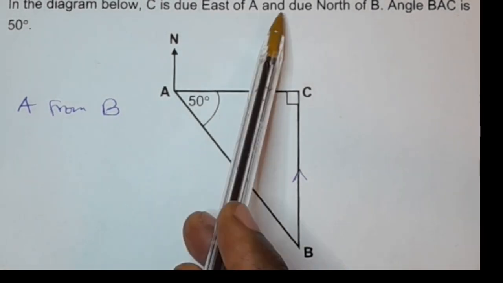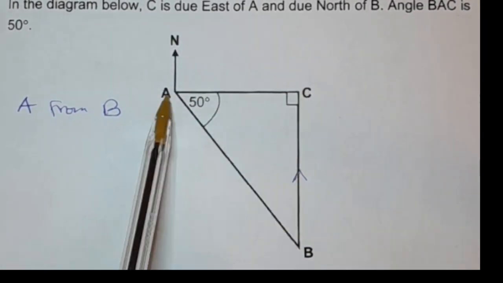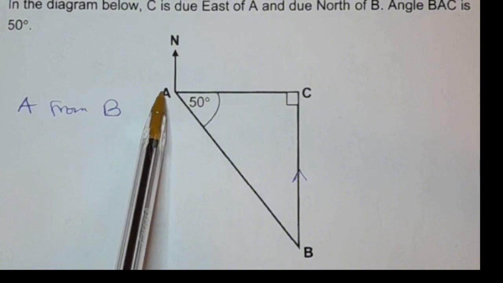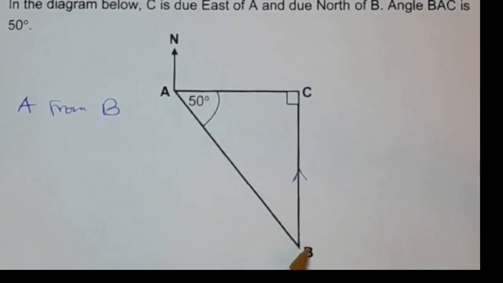Following this statement saying C is due east of A, C is on the east of A, and due north of B, so C is on the north of B, so this line here is a north.